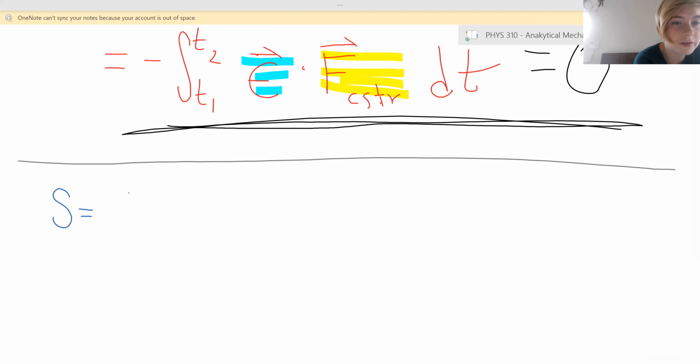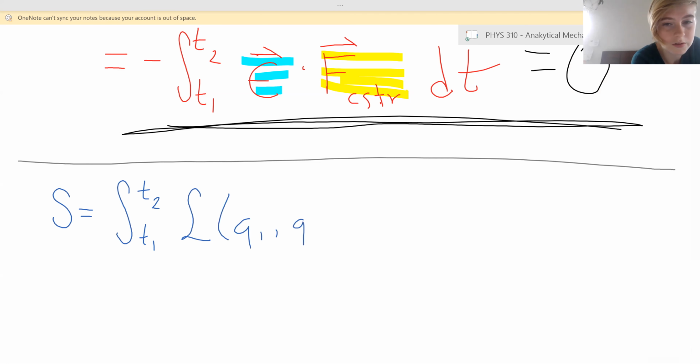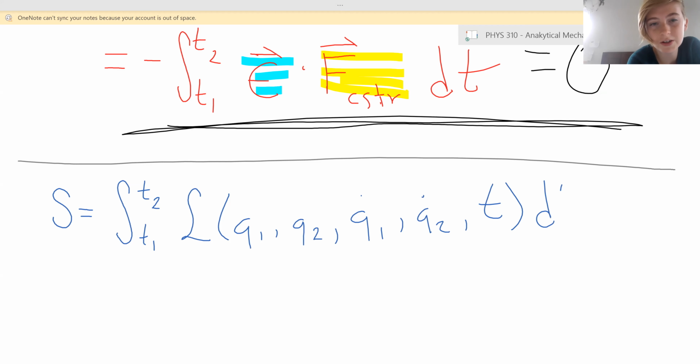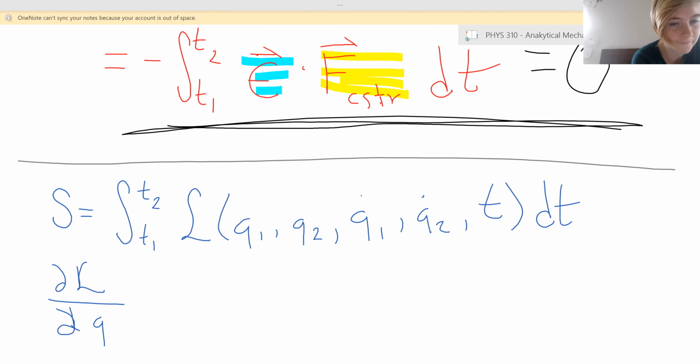S equals the integral from time 1 to time 2 of the Lagrangian, q1, q2, q dot 1, q dot 2. Since I'm only going to q2, this signifies that I'm only in 2 dimensions. Don't care which 2, just 2 dimensions in general, which means I'm going to have those 2 different Lagrange forms of this right here.